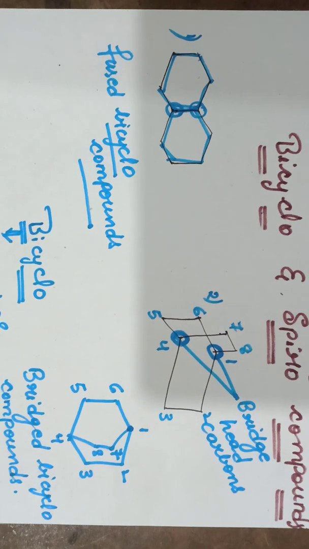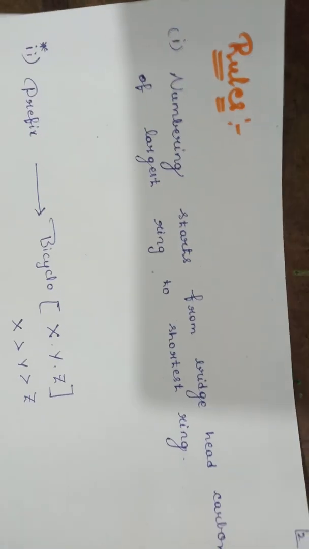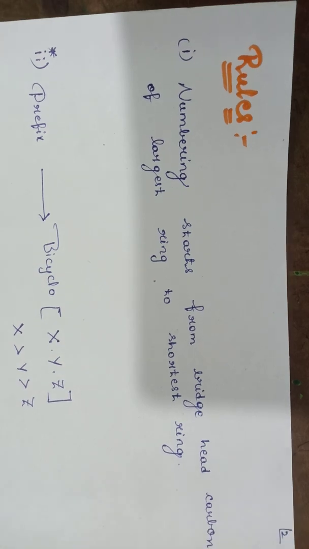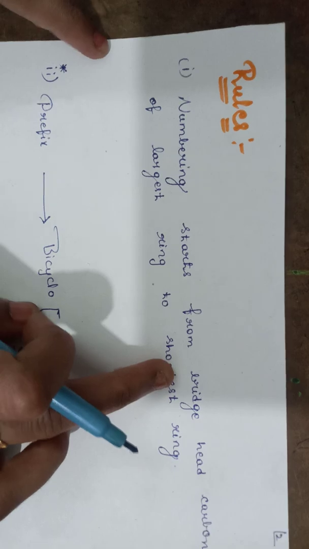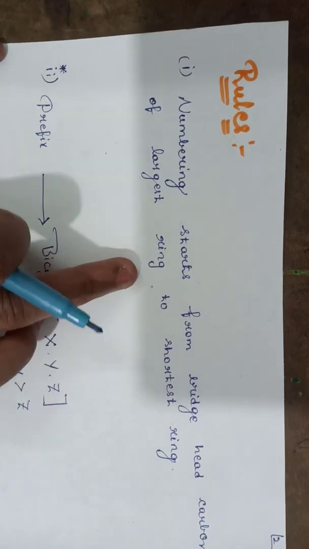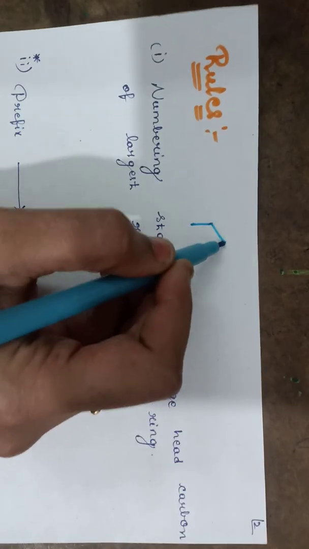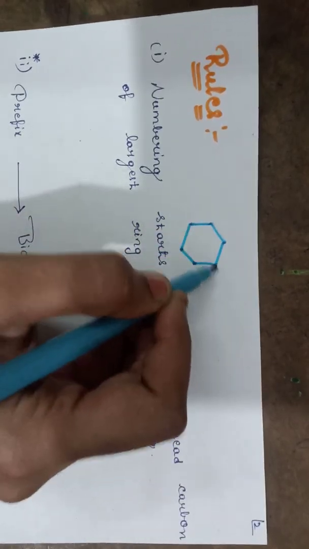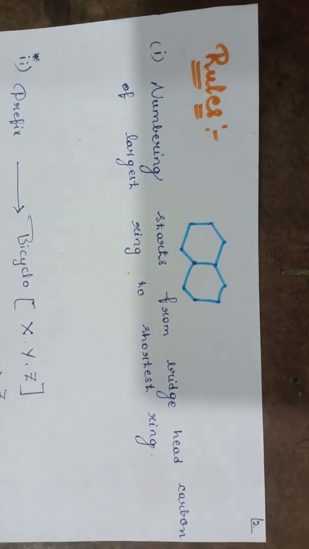Now, to know how the naming of bicyclo compounds takes place, we have certain rules. First, numbering starts from the bridgehead carbon of the largest ring to the shortest ring. Here the 2 rings are of the same size.